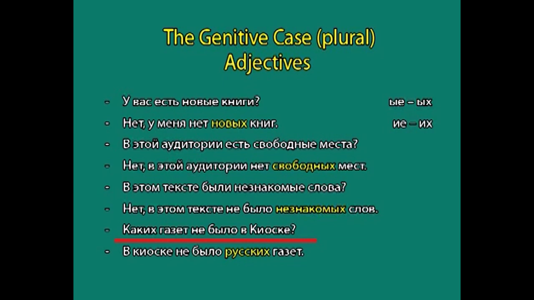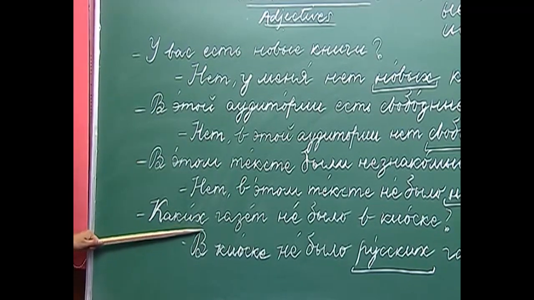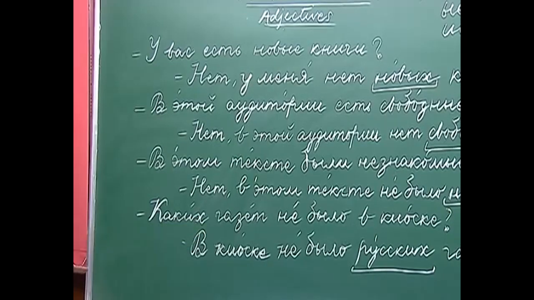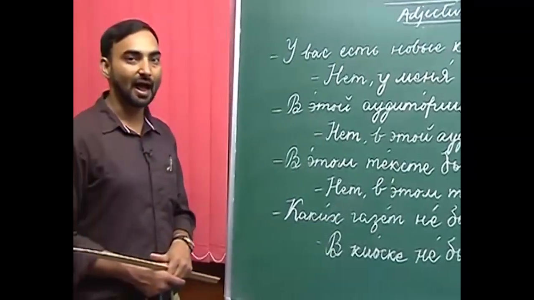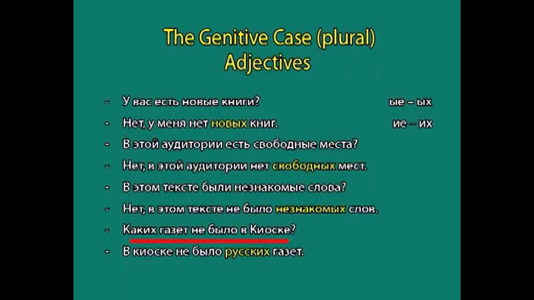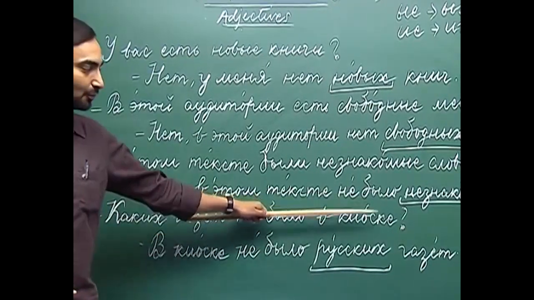Next, каких газет не было в киоске? We have discussed that when the interrogative word какой is used in a question, we answer the question with adjectives. Каких газет не было в киоске? Which newspapers were not there in the kiosk?